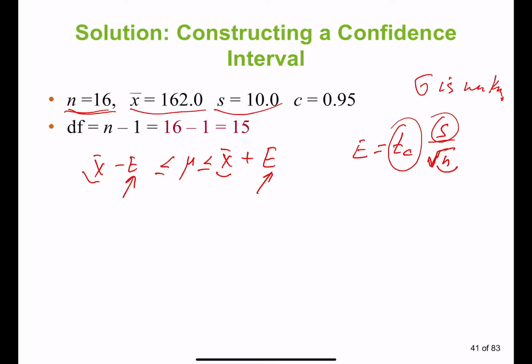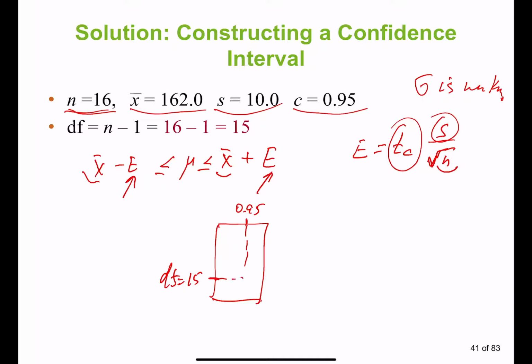So open your t critical table, or t distribution table. For n equal to 16, the degree of freedom will be 15, right? And we are at confidence level 0.95.